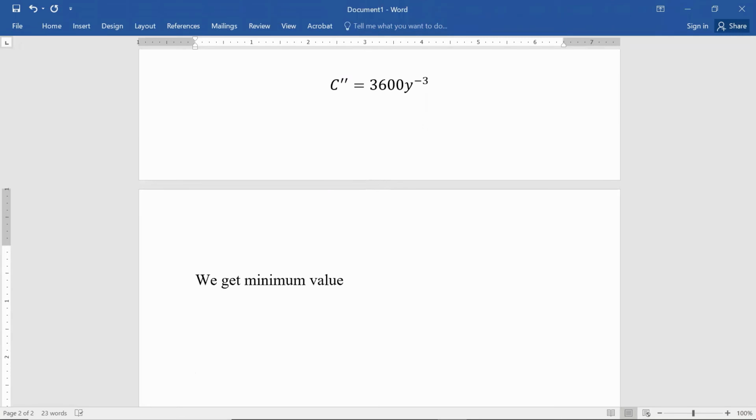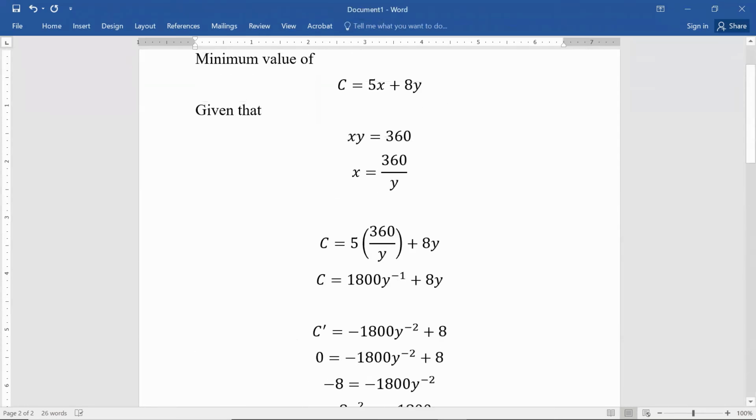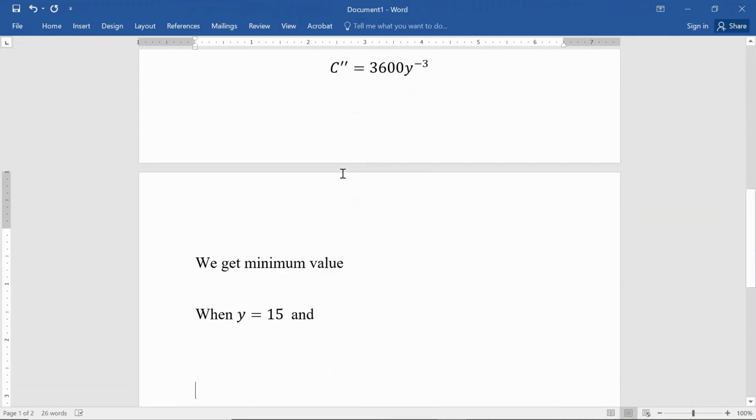when y is equal to 15, and that would force my x, again, I'm going to go up here, so my x is going to be 360 divided by 15, which is 24. The c was 5x plus 8y.